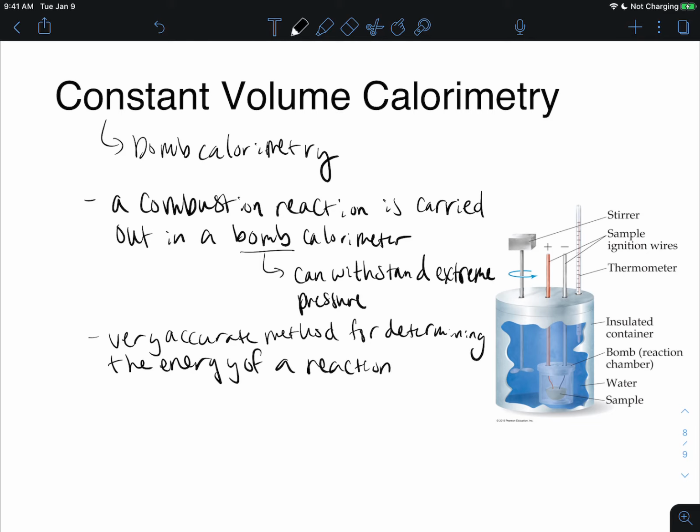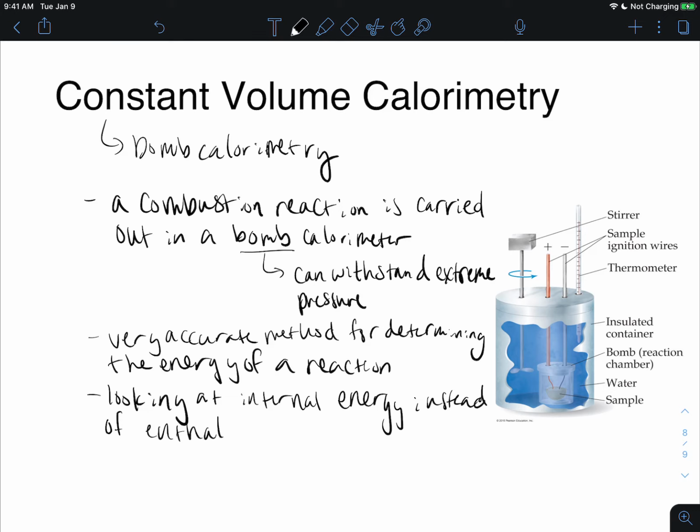In the case of constant volume calorimetry, we're actually looking at our internal energy instead of our enthalpy, because we do not have a constant pressure system. Internal energy instead of enthalpy. Okay.